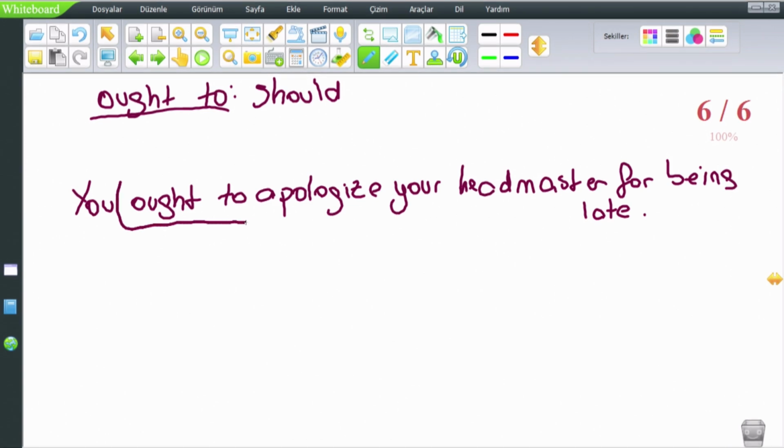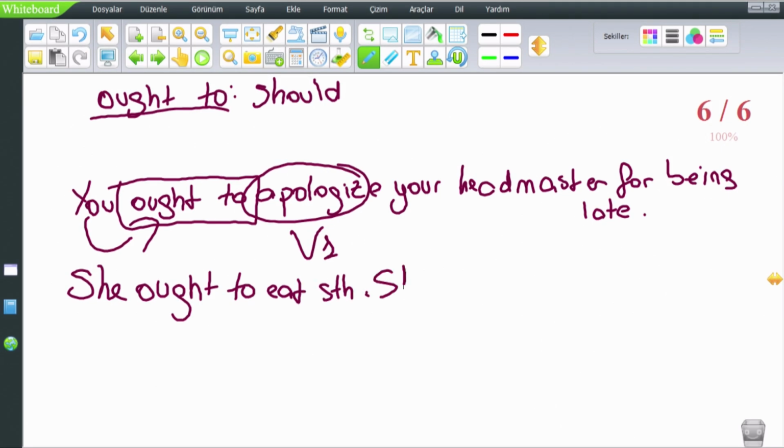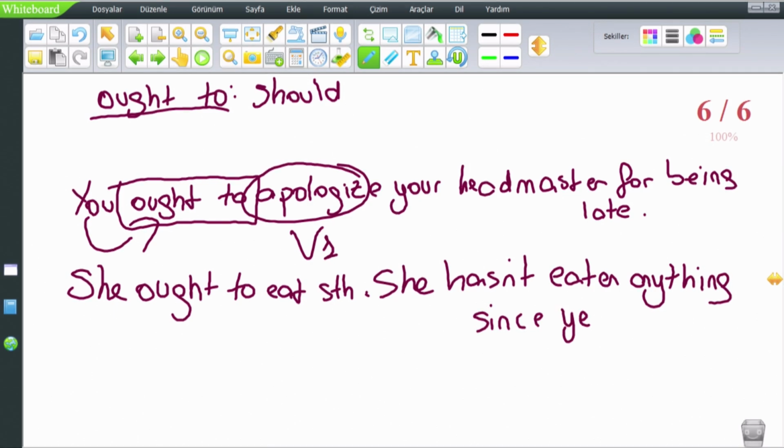As you can see, our modal comes right after the subject, and it is between the subject and our bare infinitive verb 1. She ought to eat something. She hasn't eaten anything since yesterday. Again, it is the same meaning.